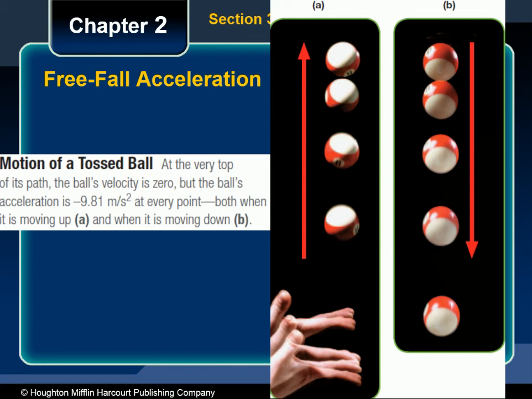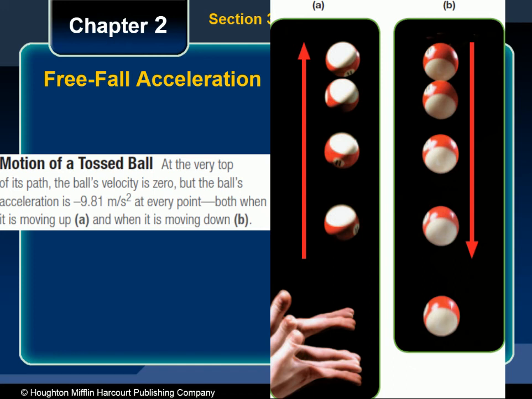In the photograph on the left, the upward displacement of the ball between successive images is smaller and smaller until the ball stops and finally begins to move with an increasing downward velocity, as shown on the right. As soon as the ball is released with an initial upward velocity of positive 10.5 meters per second, it has an acceleration of negative 9.81 meters per second squared.